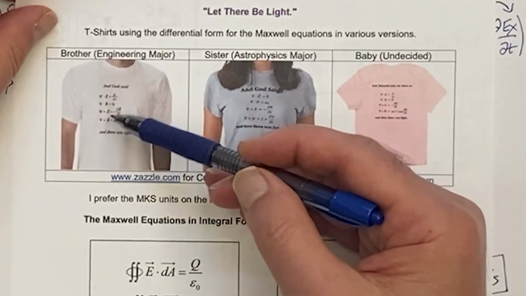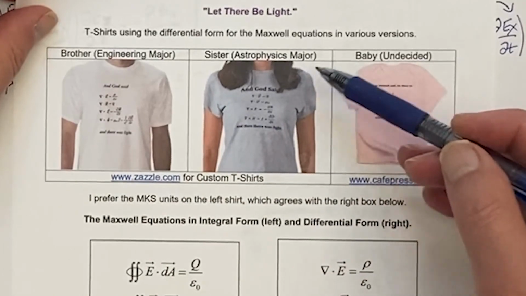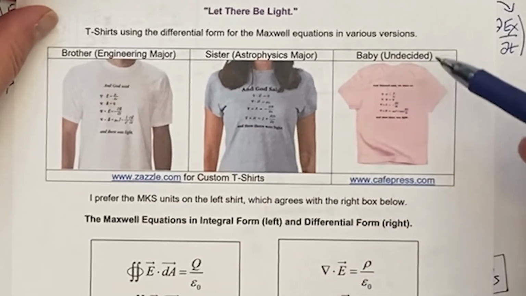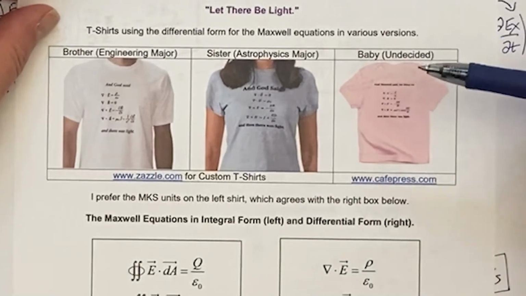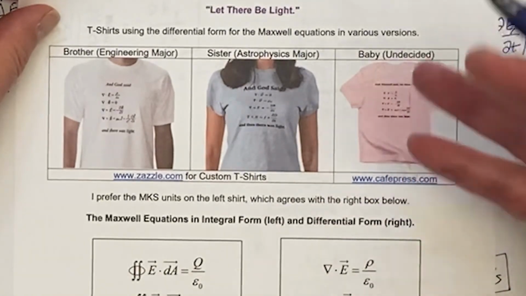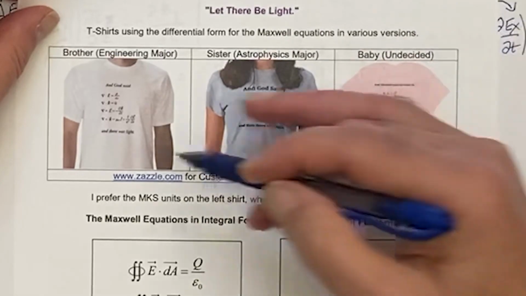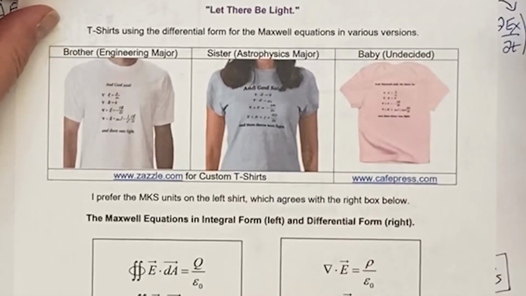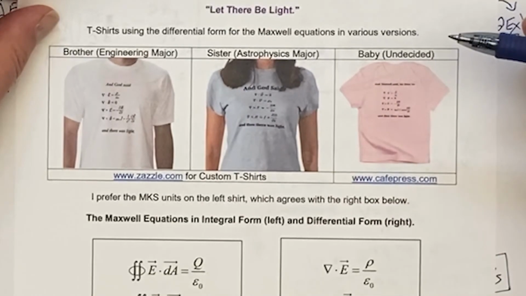There's the brother, engineering major, sister, astrophysics major, and baby, undecided. So if you want to create light, you need to have the Maxwell equations come into existence. That's a very profound statement, that the Maxwell equations bring in light.